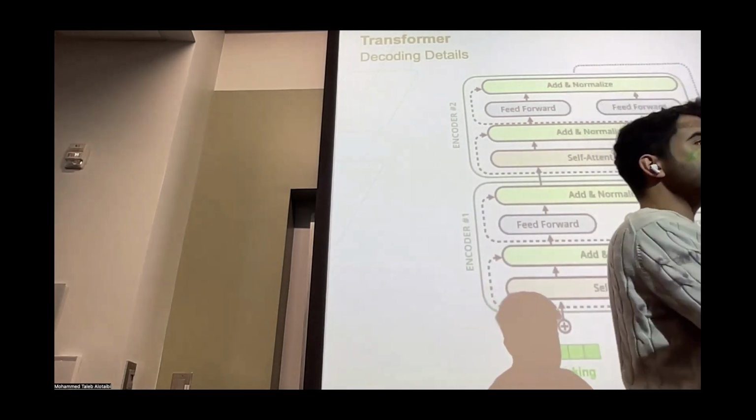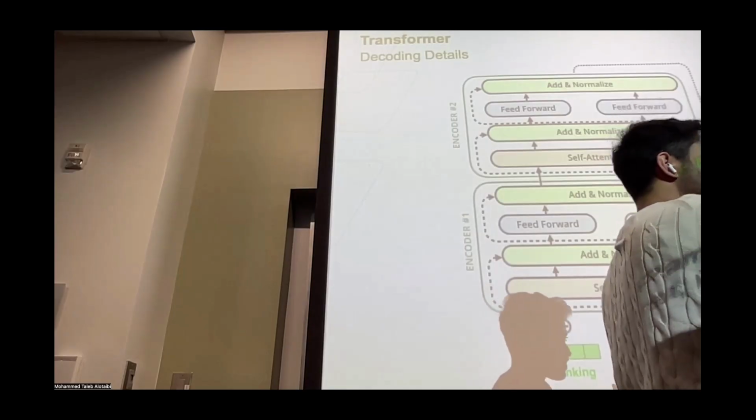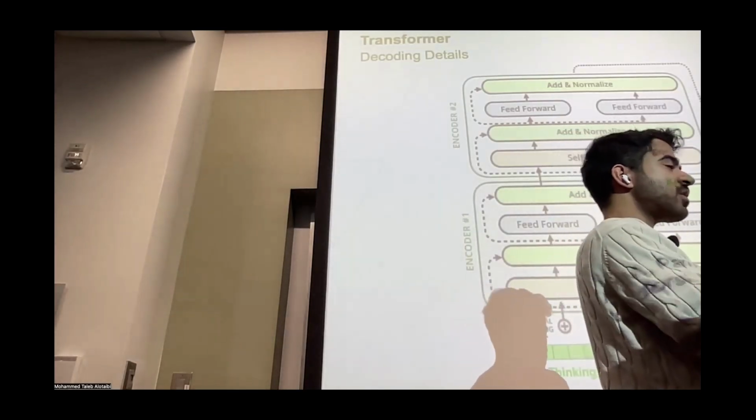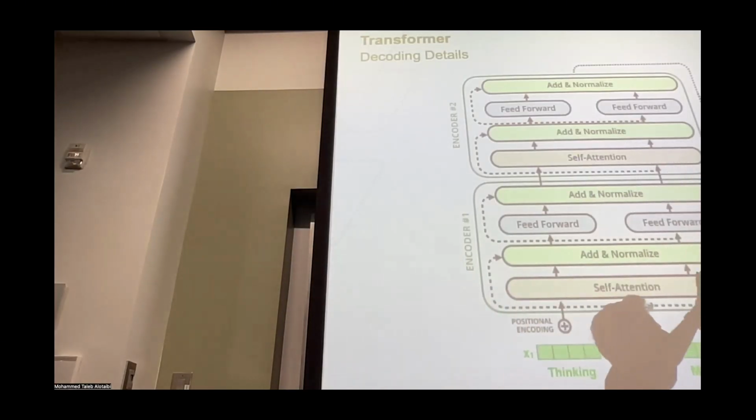However, the decoder is sequential. We predict the next token, and we predict based on the previous outputs. So the first decoder will have the previous output as the first input, right?